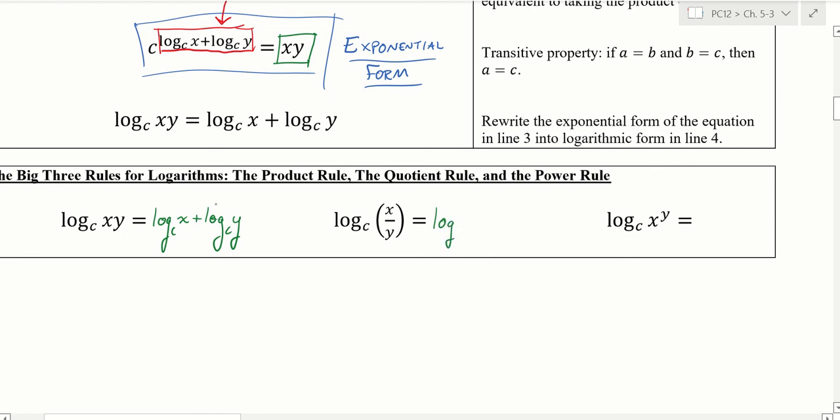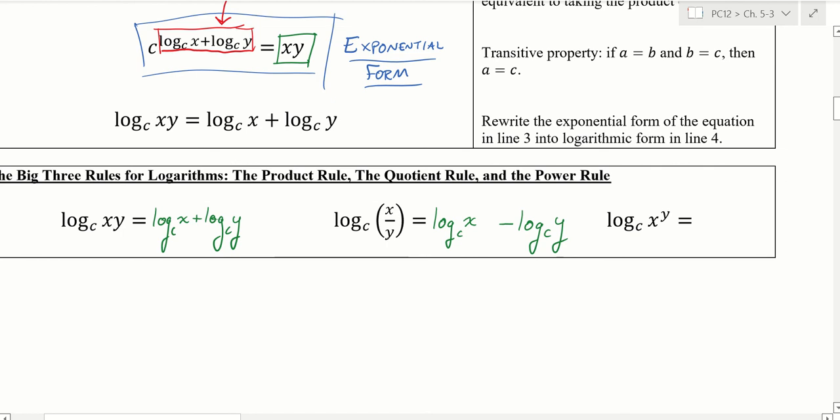If multiplication is related to addition, then the opposite of multiplication should be related to the opposite of addition. And so we should get log base c of x minus log base c of y in this particular case. So this is actually the quotient rule for logarithms.